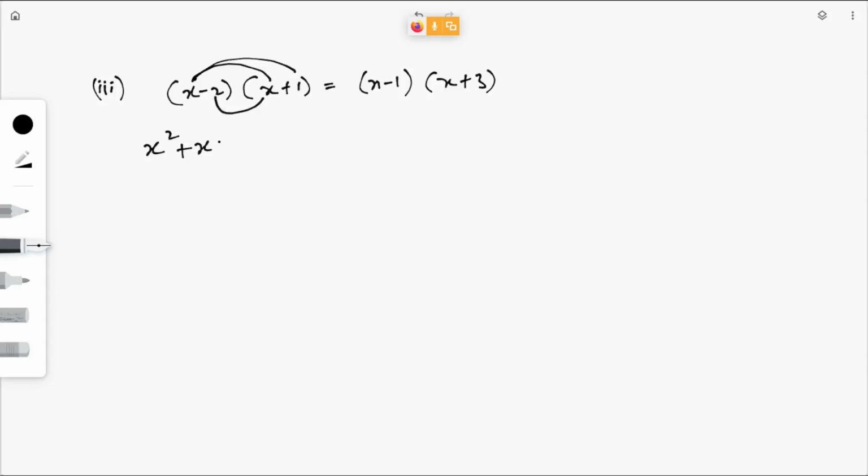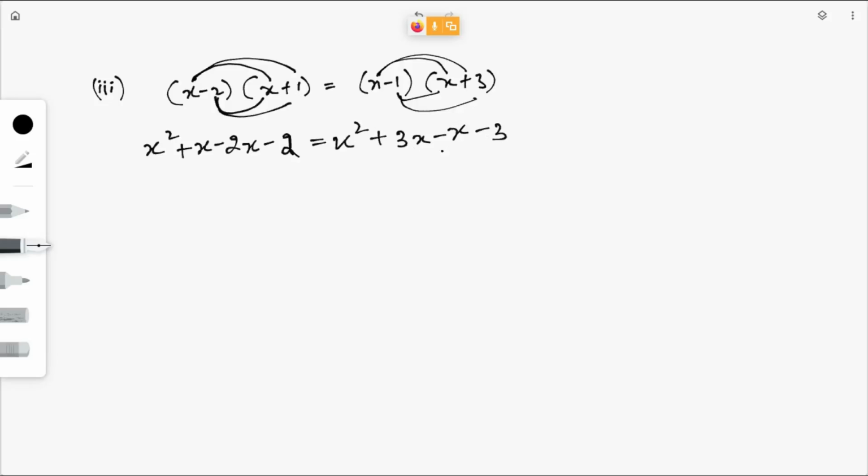So what is minus 2 into x? Minus 2x. Minus 2 into 1, minus 2, is equal to, similarly multiply these two: x into x, that is x square, x into 3, 3x, minus 1 into x, minus x, minus 1 into 3, minus 3.